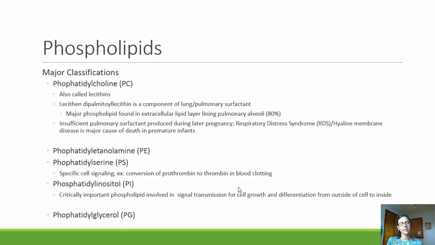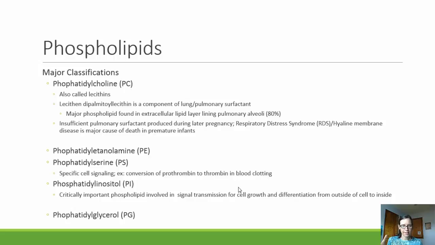And this is a specific type of lecithin, dipalmitoyl lecithin, is really important in our lung surfactant, which is going to be especially important for our newborn infants, because when they are born premature, it's this lack of surfactant that's making it difficult for them to breathe on their own.